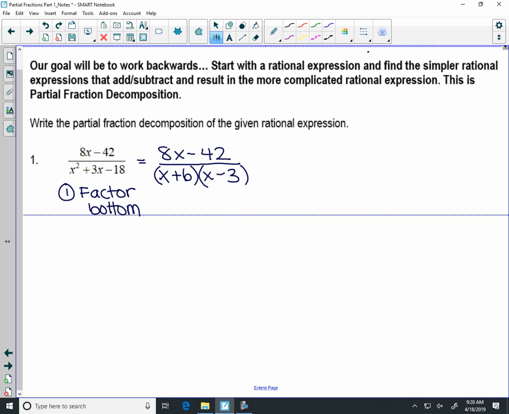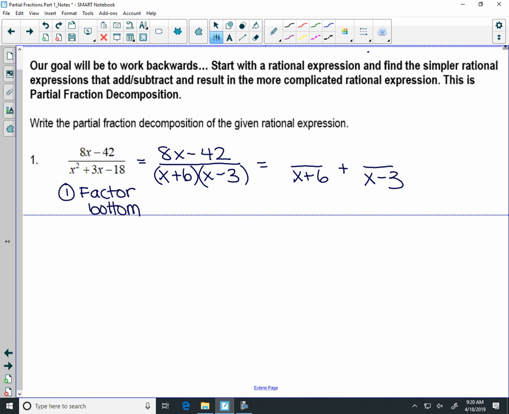So what I want to do is this. I want to take this complicated fraction and I want to turn it into two fractions. I'm basically going to uncommon the denominator. I want this instead: something over x plus 6 plus something over x minus 3, combined to give me that.